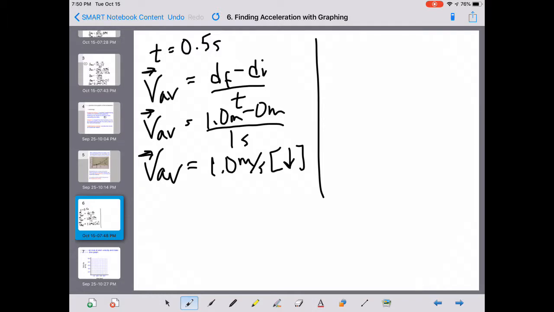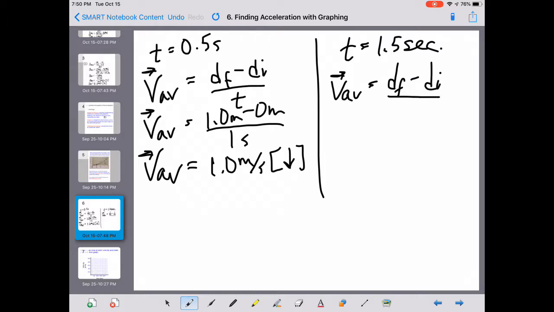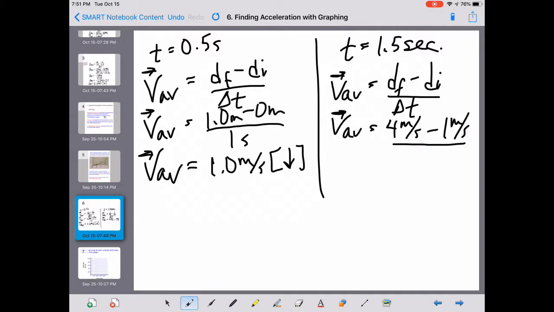Okay, so if we keep going, at time equal to 1.5 seconds, same thing as before, VAV is equal to df minus di over our change in time. So VAV is equal to, if we take a look at 1.5 seconds, we're finding that it's at 4 meters minus 1 meter, and again, it's all over that same 1 second interval.